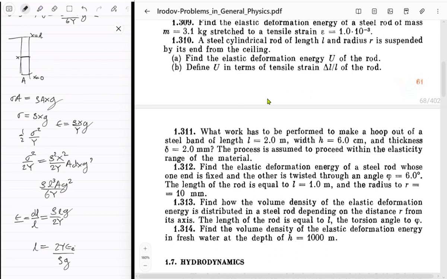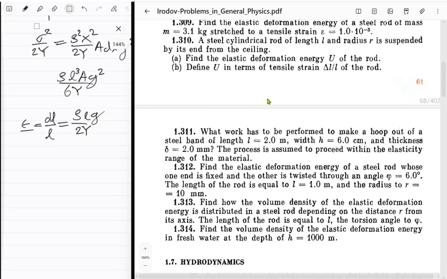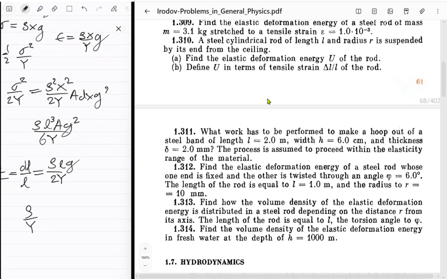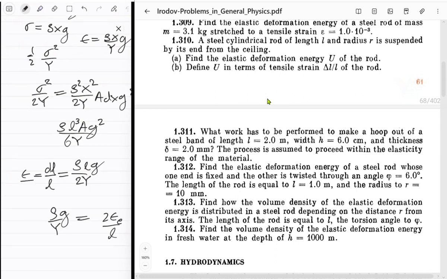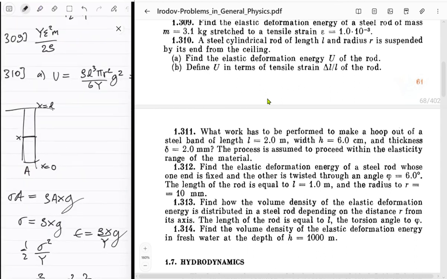So just don't use density upon Young's modulus, times g as well, in fact. Isn't that obvious? This is just equal to 2 effective strain upon the length. Okay, and where did that go? What did we want? We want the energy, which is this thing.